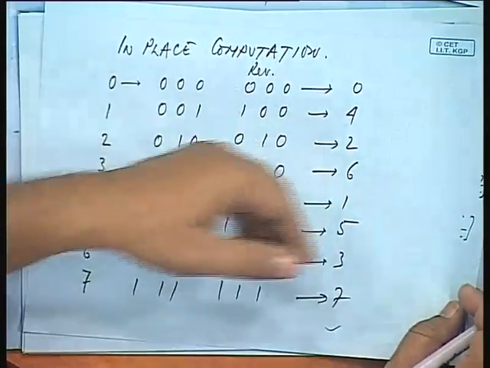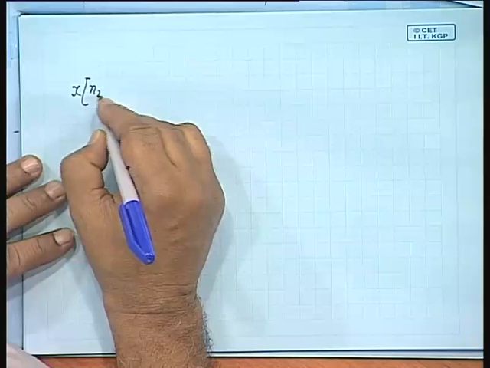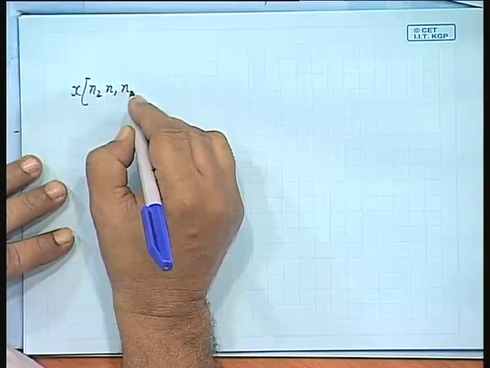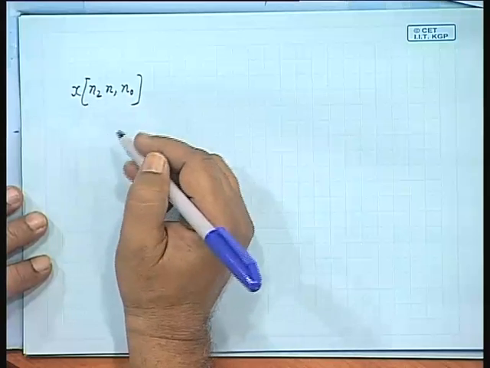Now, what is the logic behind it? If you remember, our binary digits are, say, 3 digits like this.